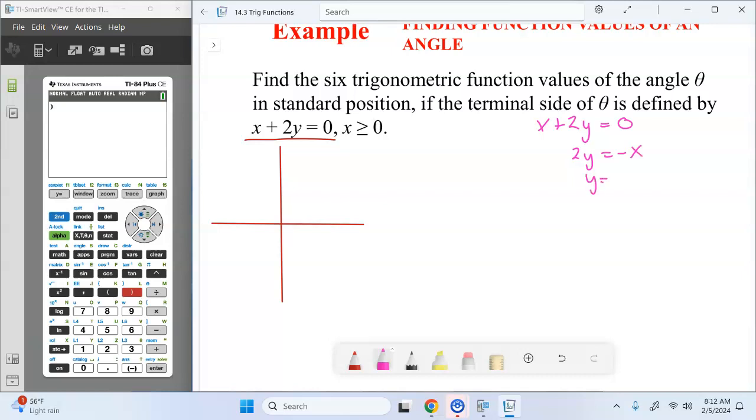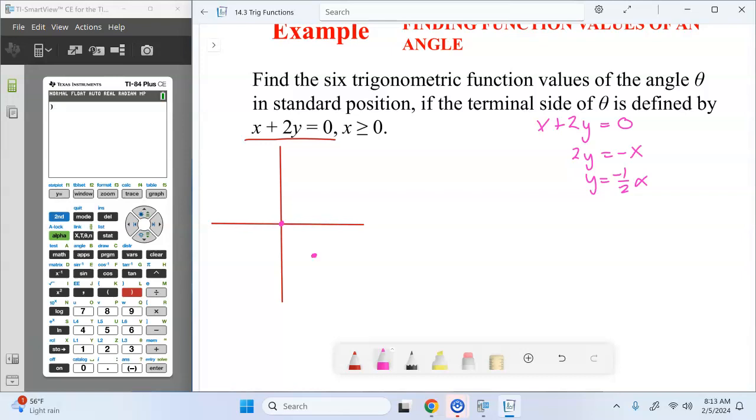Okay? So y equals negative 1/2 x. So we can see that it goes through the origin because our y-intercept is 0. And so we're given our slope, negative 1 over 2. So our line goes down 1, right 2.